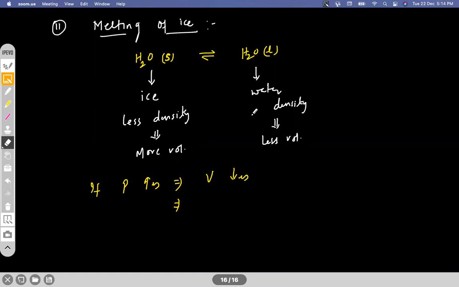Ice density is less, no. This is more. Tell me, which direction?